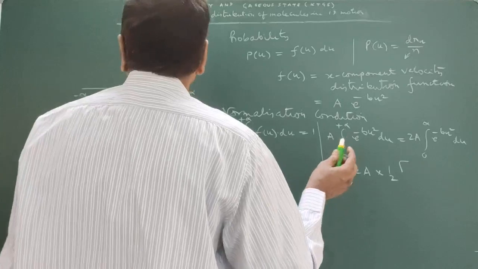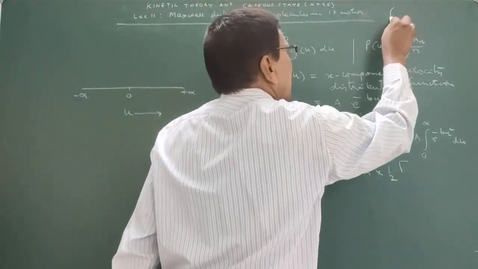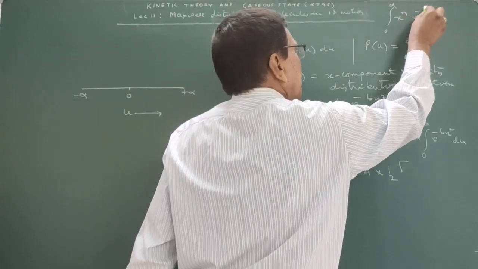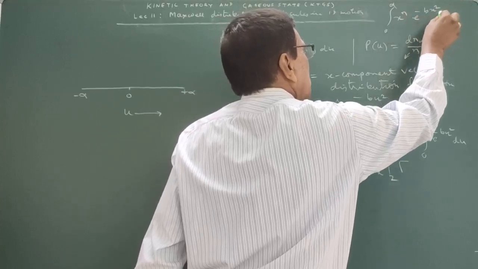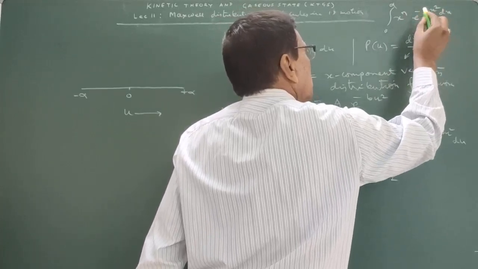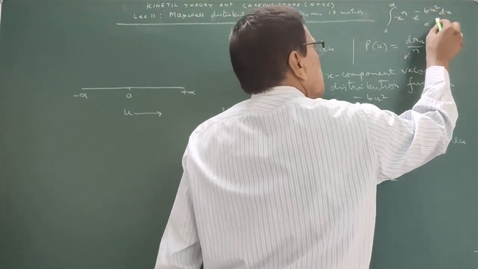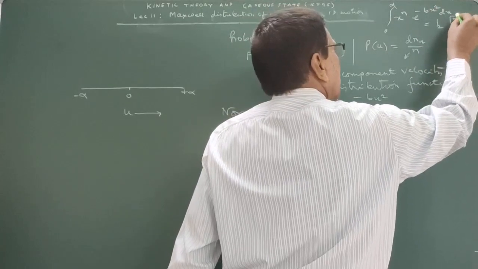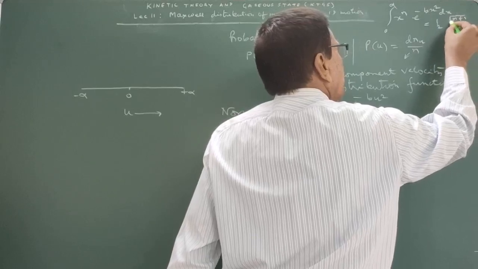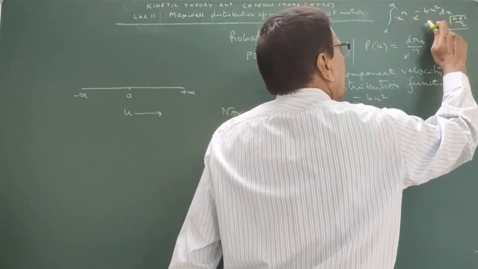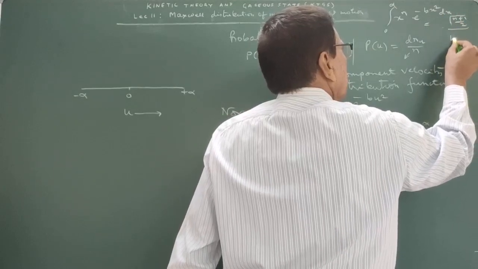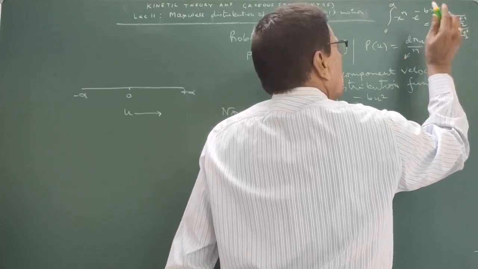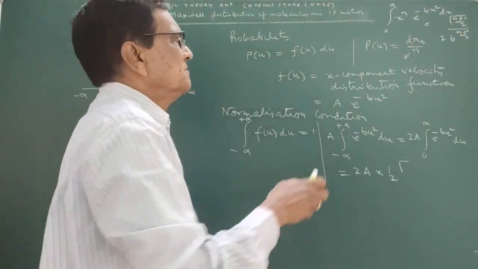I can also remind you that the integral from 0 to infinity of x to the power n e to the power minus b x square dx is equal to half gamma of (n plus 1) by 2, divided by b to the power (n plus 1) by 2. So this is the formula.